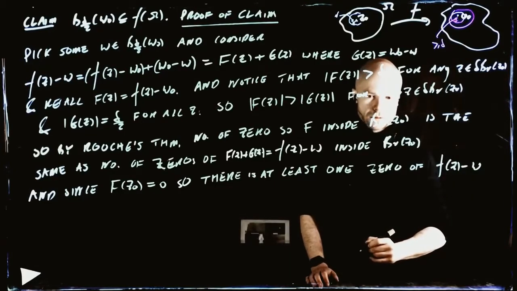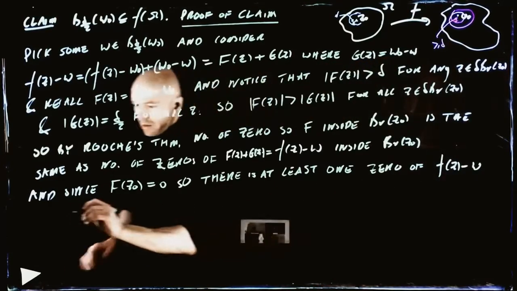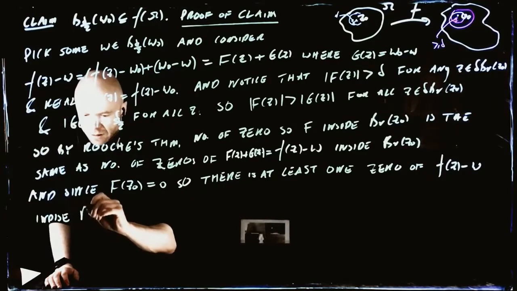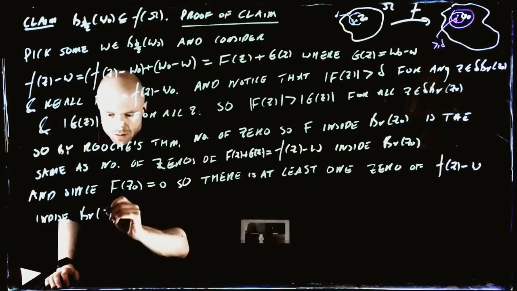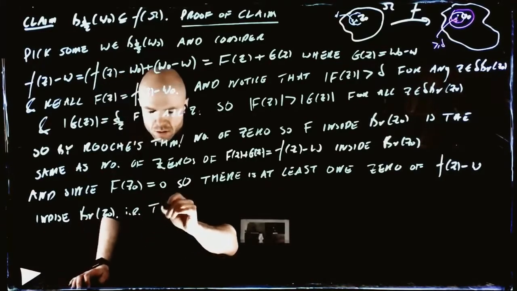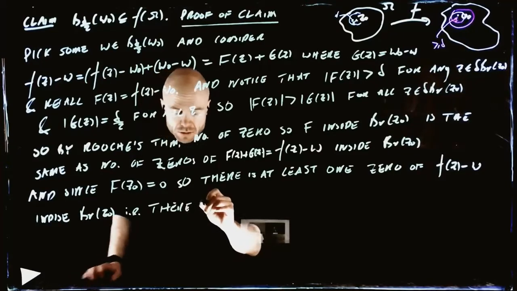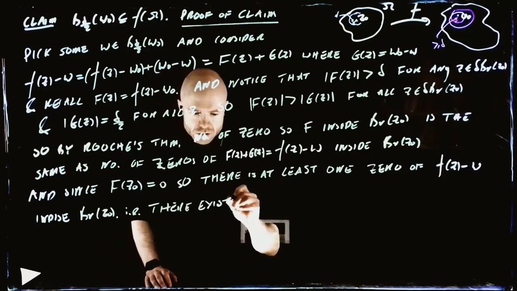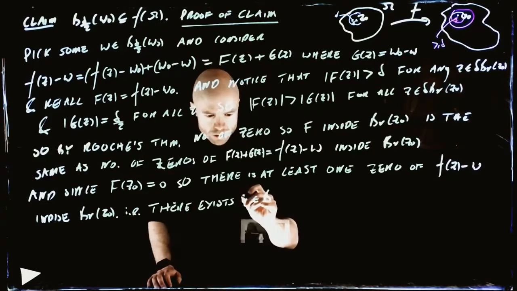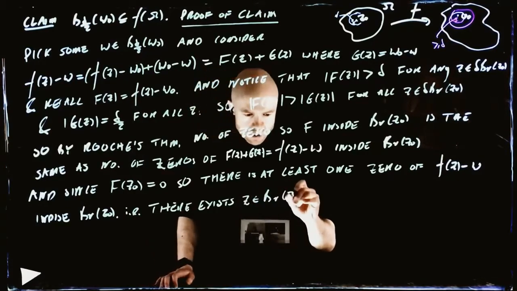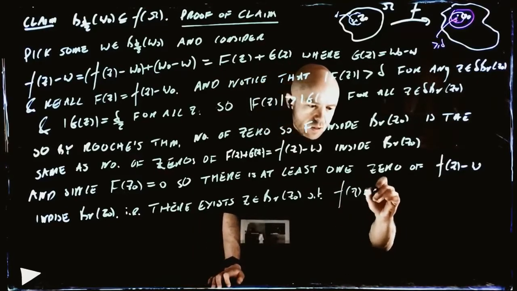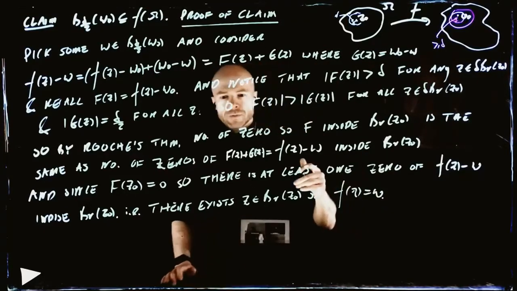I.e., there exists z inside this ball of radius r around z0 such that f of z is equal to w. And that's it. Yeah?